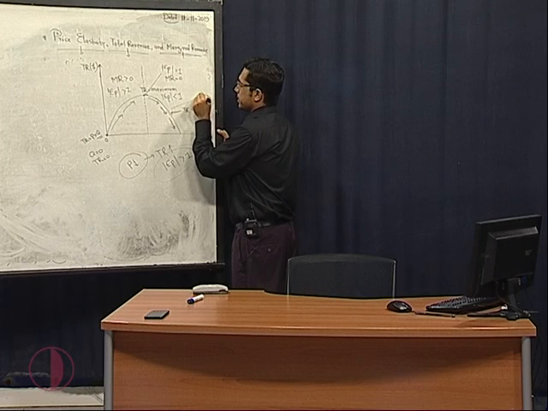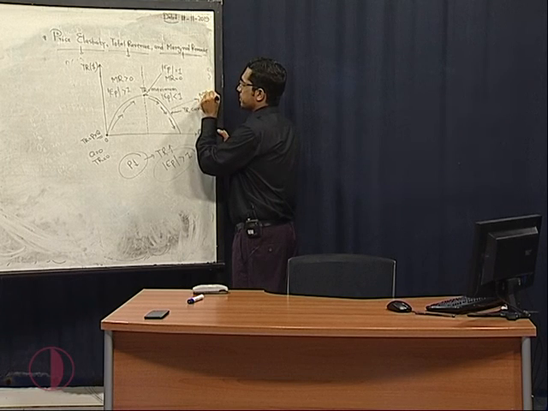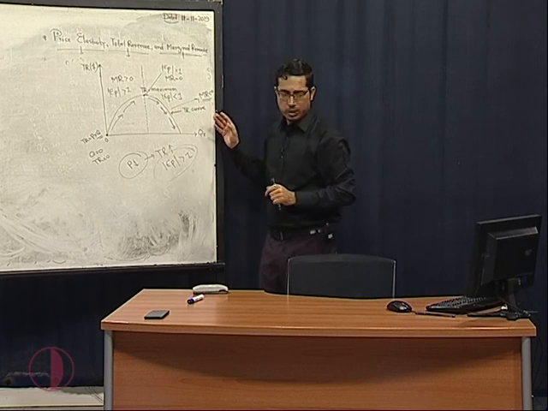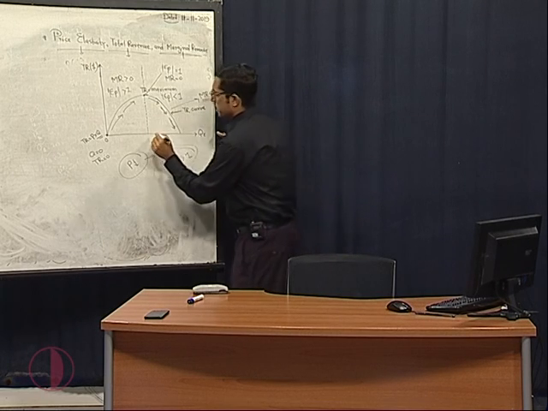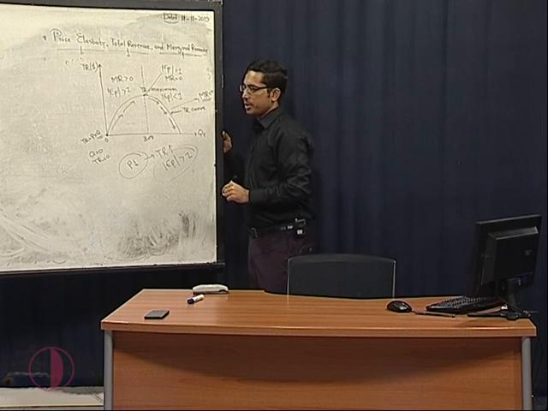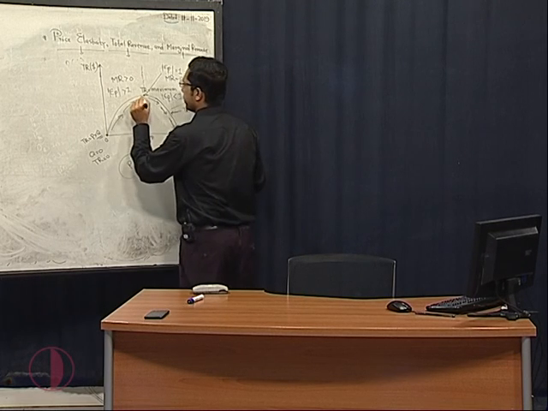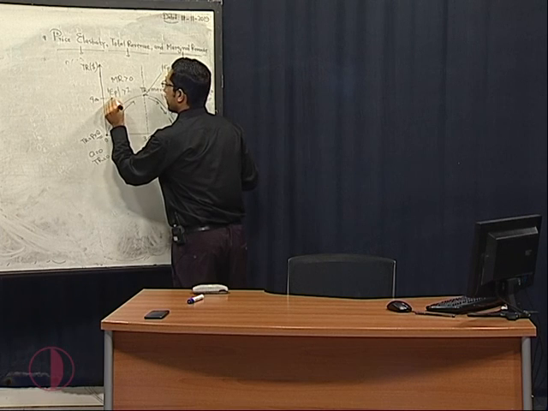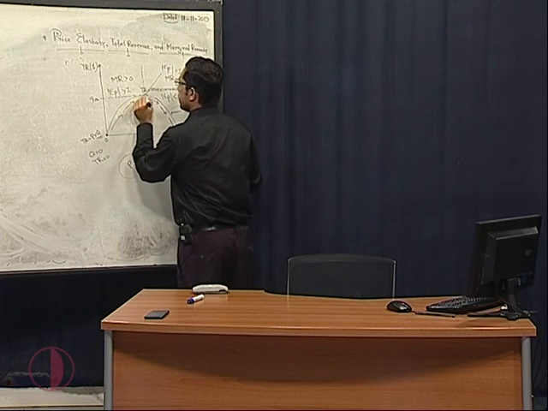And in this region where the total revenue of the firm is decreasing, it means that marginal revenue is less than 0. This is the number of units, 300 units, and this is the total revenue. In the table it is 900.